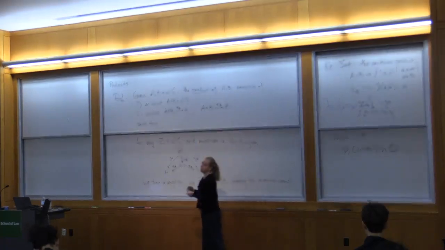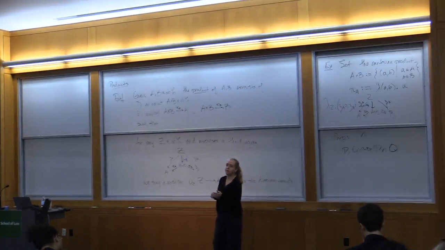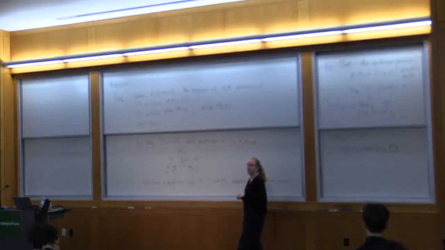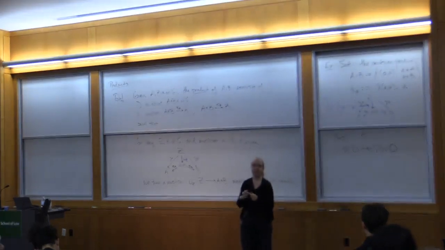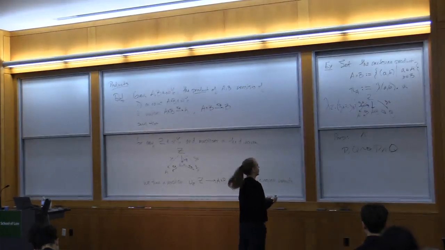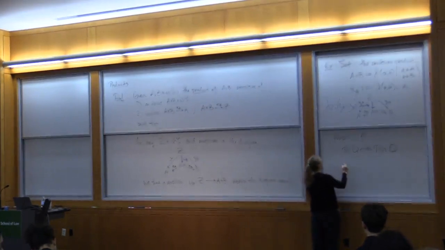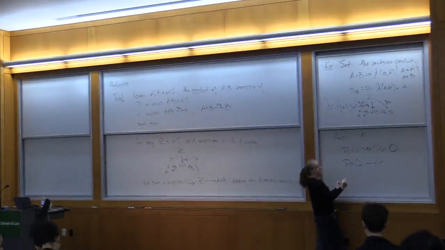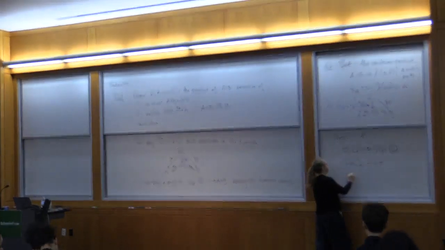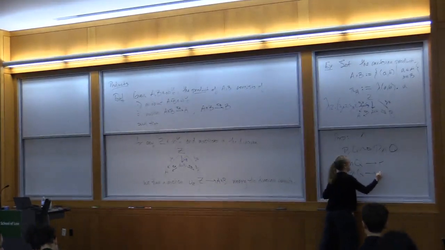And what are the morphisms, pi A and pi B? Exactly, the left and right elimination rules that tell us that if we know P and Q, then we know P, and if we know P and Q, then we also know Q.